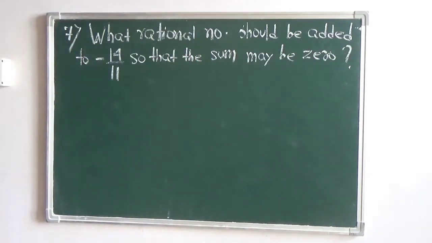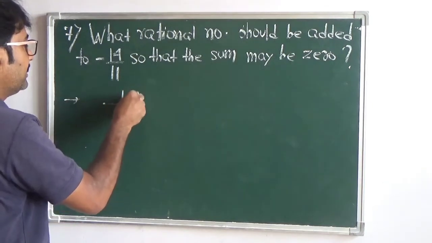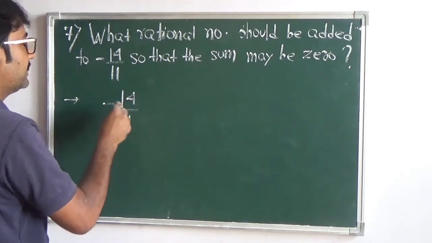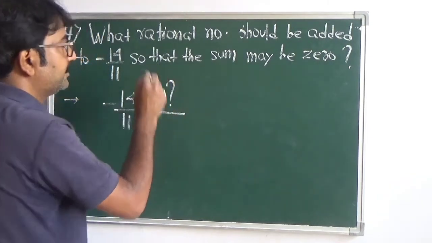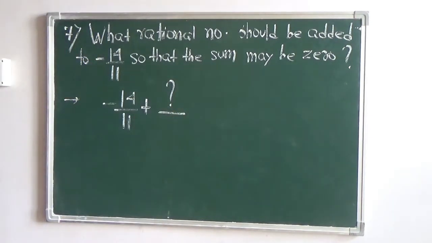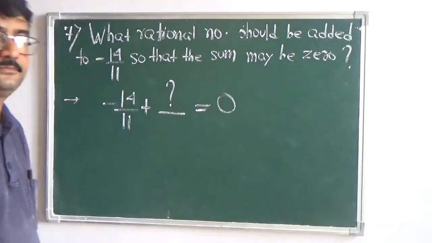So the question is, what rational number should be added to minus 14 by 11? So minus 14 by 11 is the number plus how much? This is the question mark. What is to be added to this so that your result comes to 0?